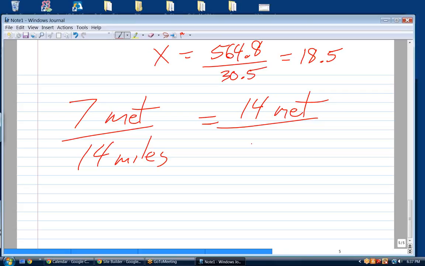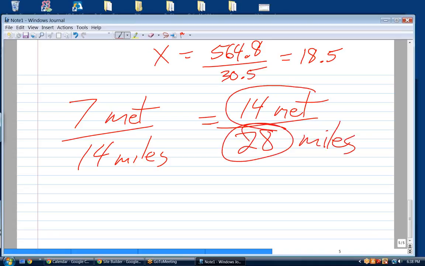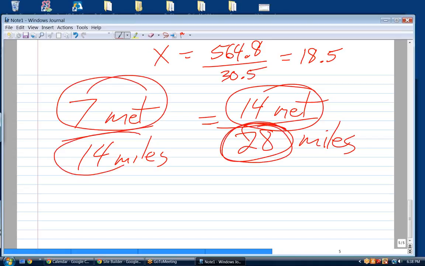Well, I know that 7 by 2 equals 14. Okay, so 14 by 2 equals 28. There's your answer. Make sense? Yeah. This is twice what this is, so this has to be twice what that is. Okay?